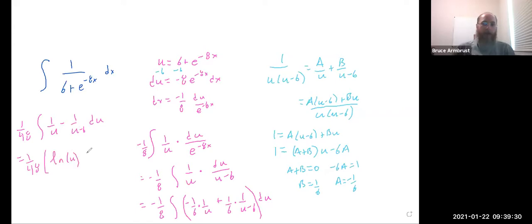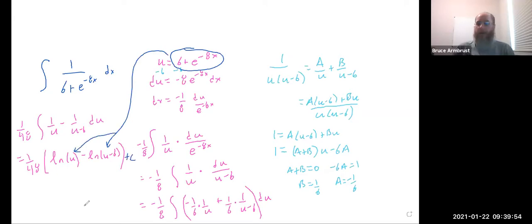The u minus 6 gives me the natural log of u minus 6. And now it's just a matter of plugging our u back in. So we want to run back up to this. Take that guy and plug him back into, oh, can't forget our plus c.